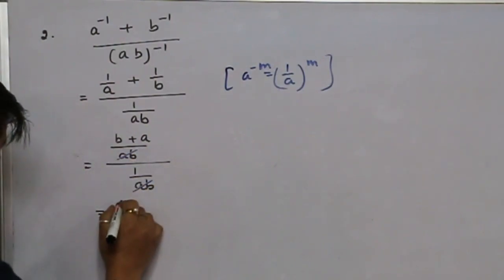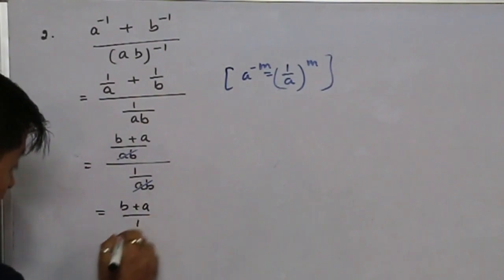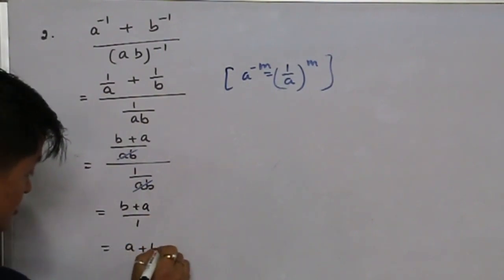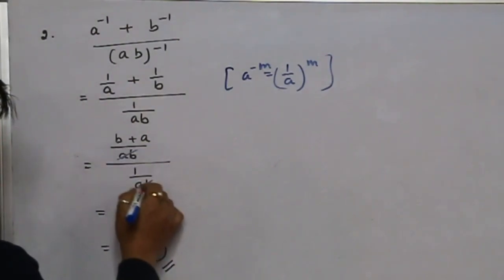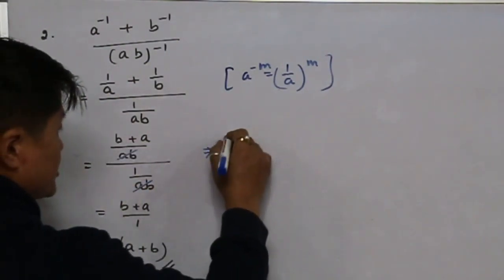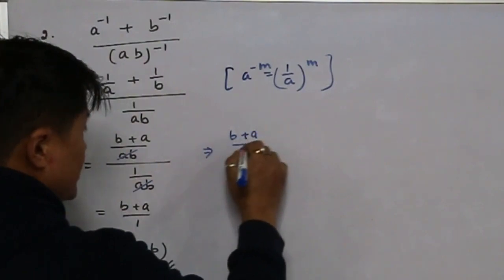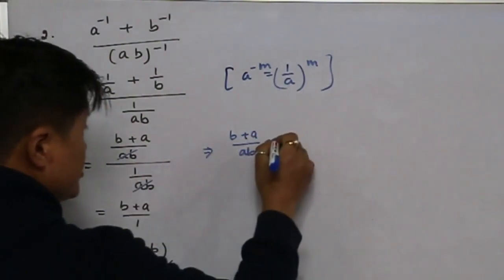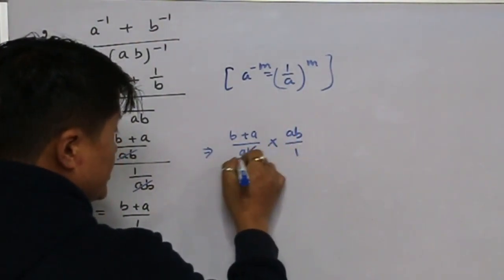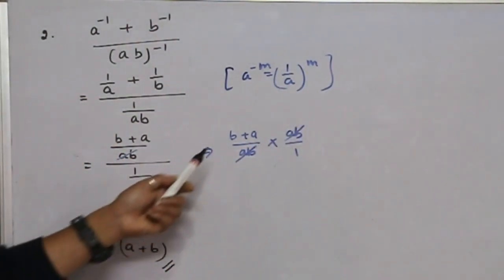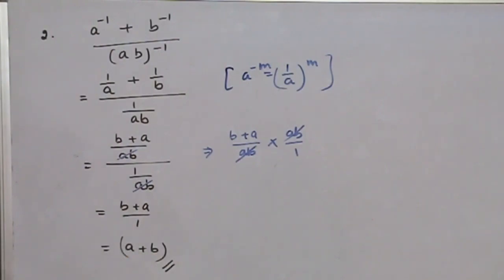Then we'll get b plus a divided by 1, which is equal to a plus b. This can also be done this way: b plus a divided by ab into, this will be the reciprocal, ab divided by 1. This will get cancelled. So from here we get b plus a divided by 1.